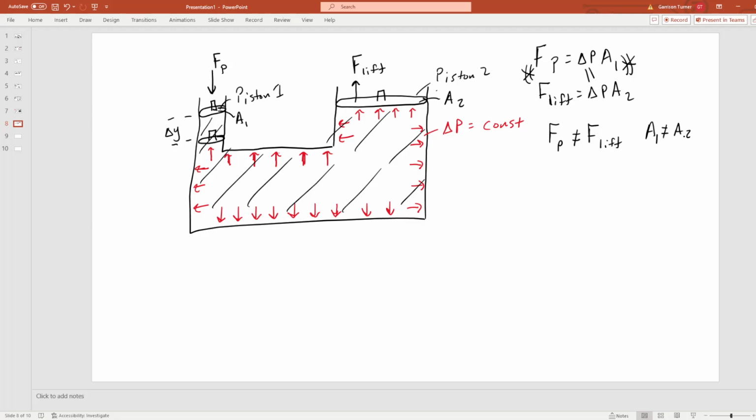What this means is, if I take the ratio of my pushing force to my lifting force, it is equal to the change in pressure times area 1 over the change in pressure times area 2.